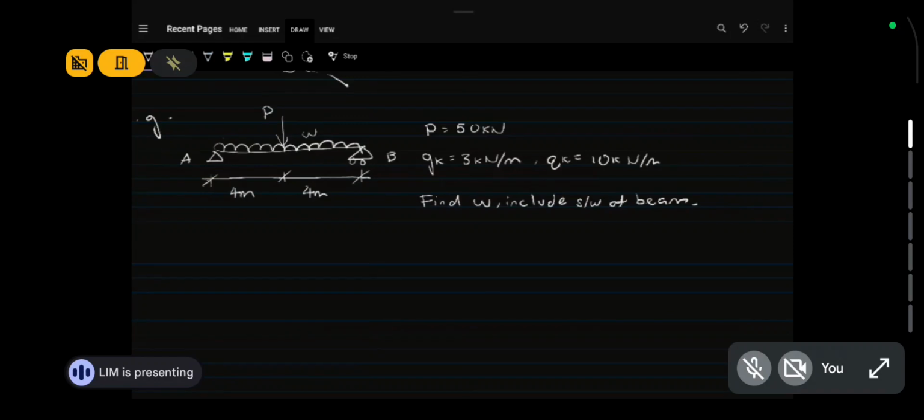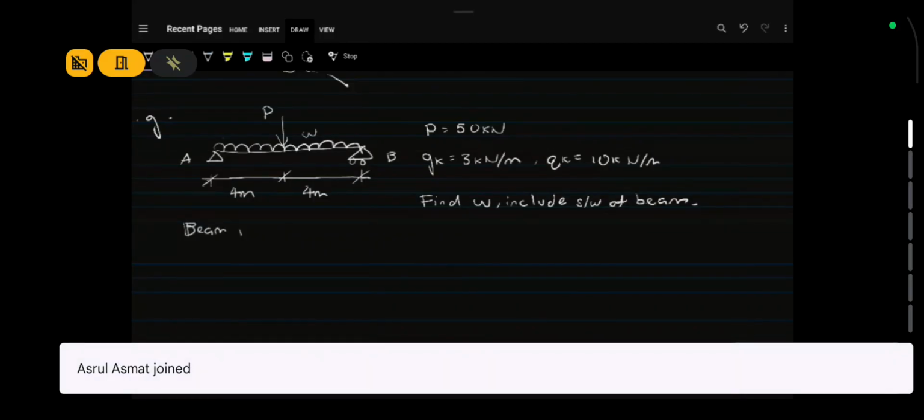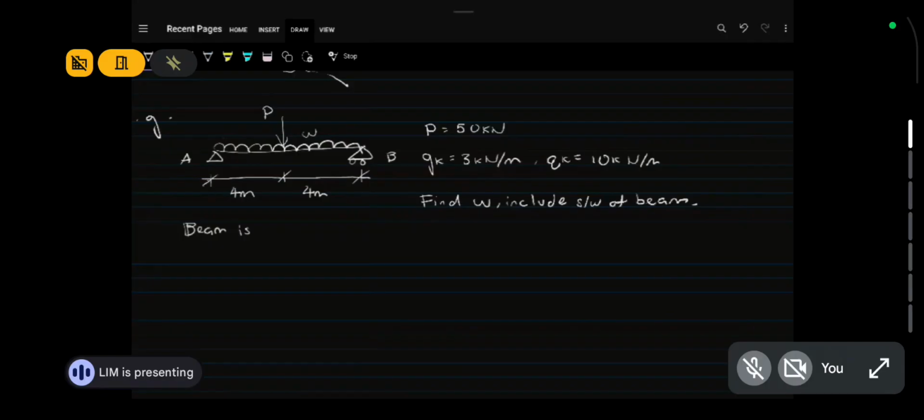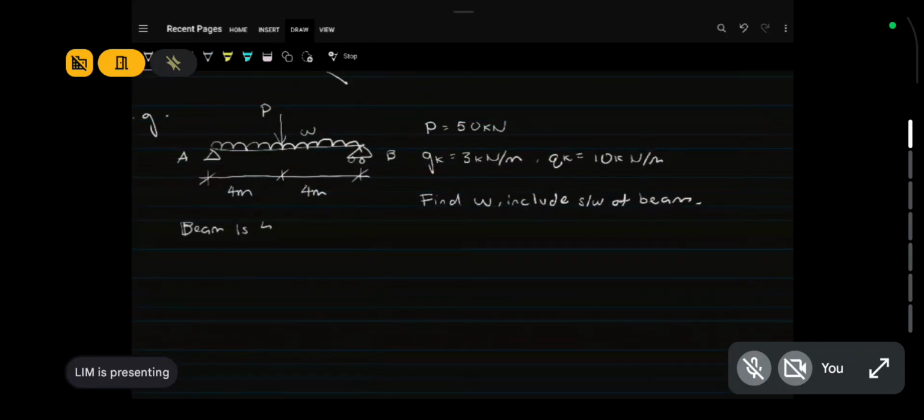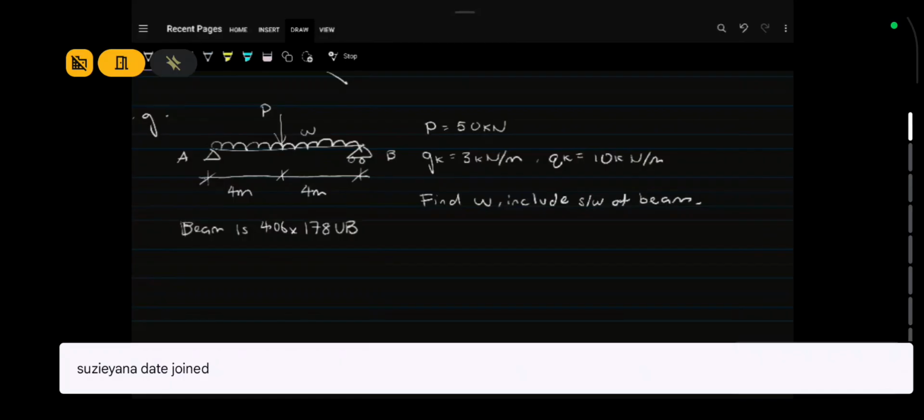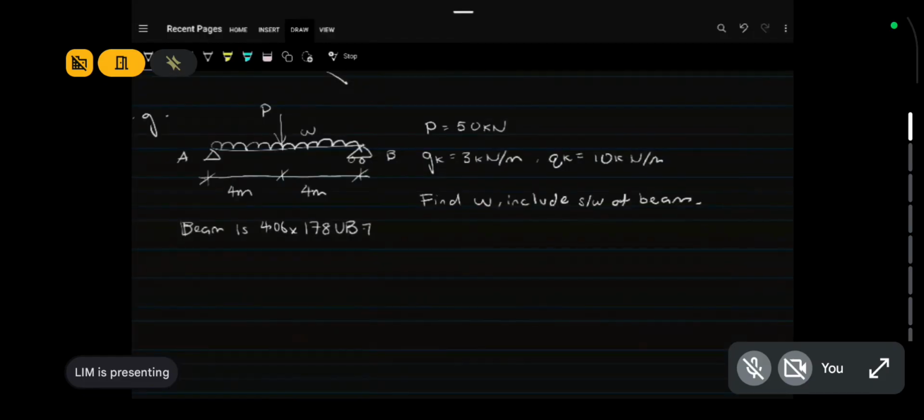Now the beam itself is 406 by 178 UB74, S275.